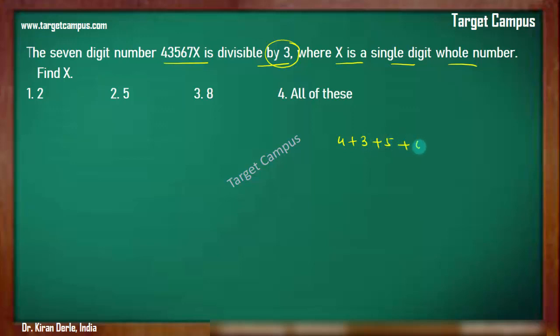And listen here, when you are checking divisibility by 3, you have to check if the sum of digits is divisible by 3, and you may not consider this. 4 plus 5 is 9, that means this is going to get divided by 3. Whenever you are getting a sum which is a multiple of 3, you can just nullify that. Don't add and waste your time.